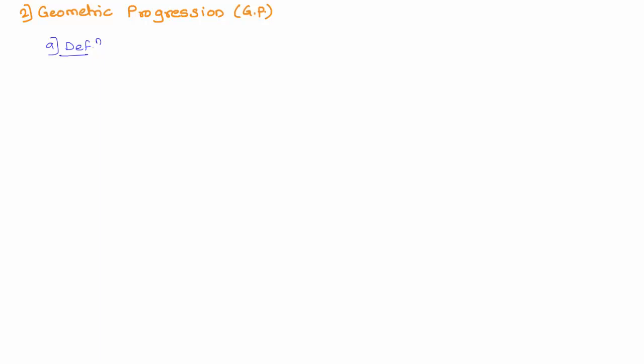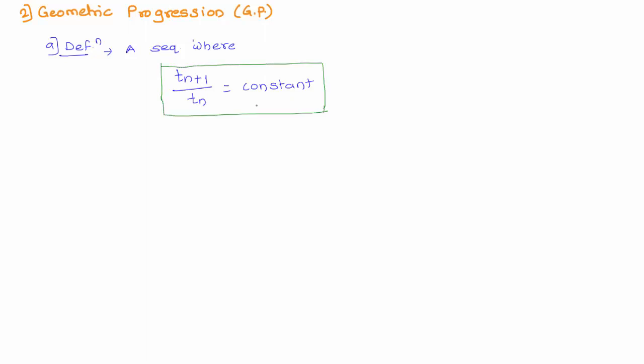GP is defined as a sequence where Tn plus 1 divided by Tn is always constant. So geometric progression is defined something like this, where the ratio between any two consecutive terms remains the same. Here, as the ratio is common, it is denoted by R. They call it the common ratio.